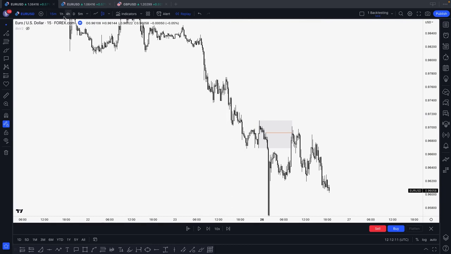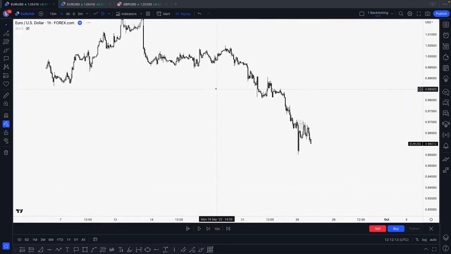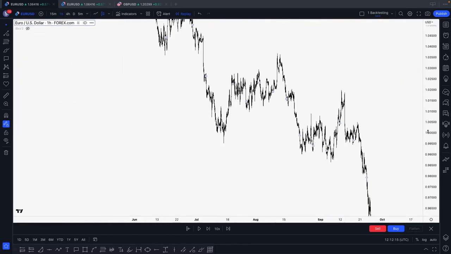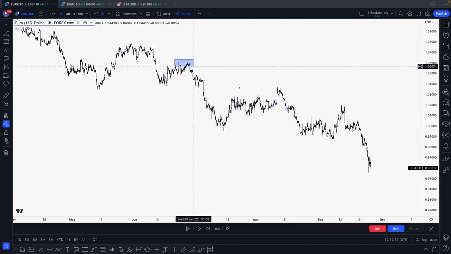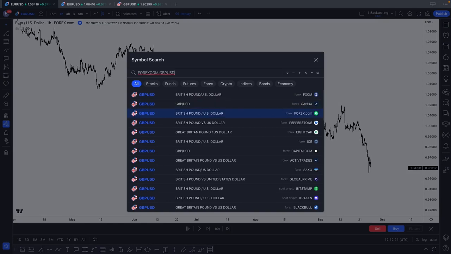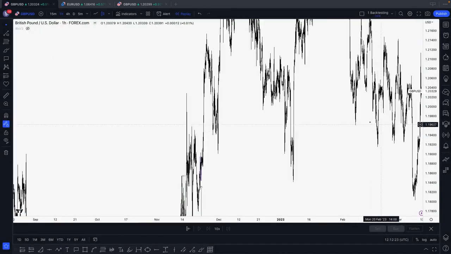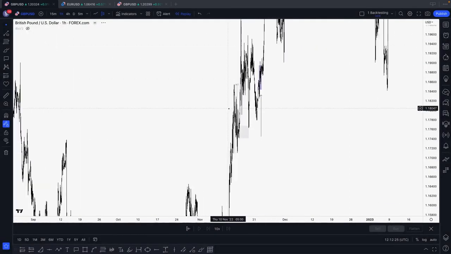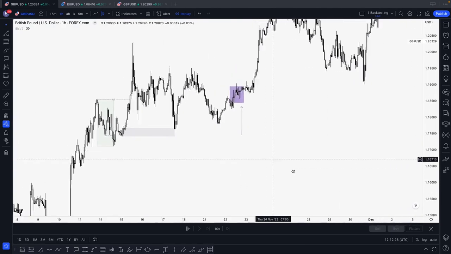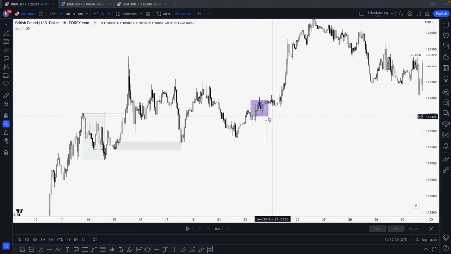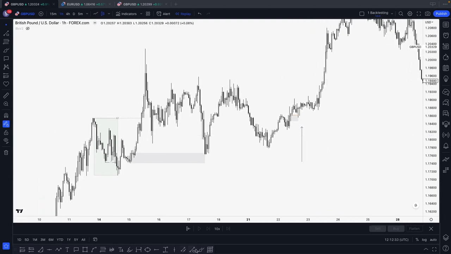I have another example that I want to show you, which I think is on GBP/USD. Okay, it's here. Again, basically looking for longs from here.